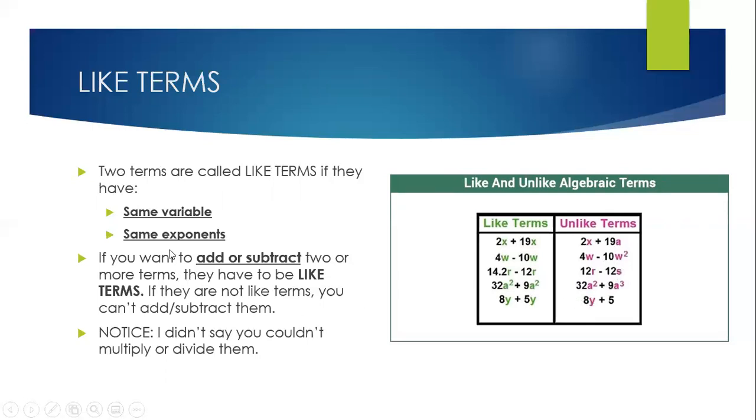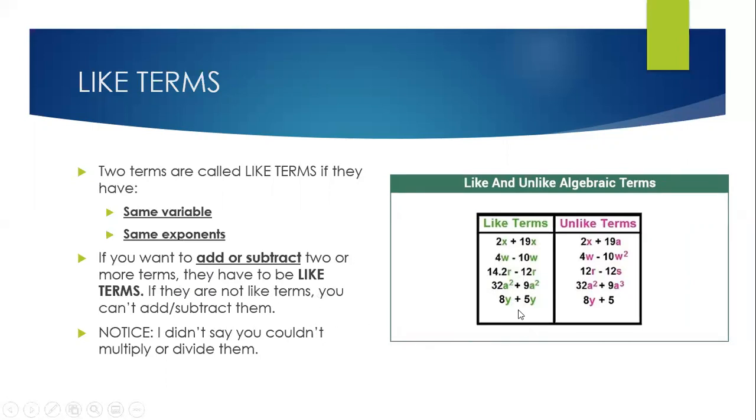All right. Now, if you want to add or subtract two terms, they have to be like terms. So I can add these together, subtract those, add those, and add those. I cannot do that for this right here. Let me make a quick note. We can multiply or divide unlike terms.